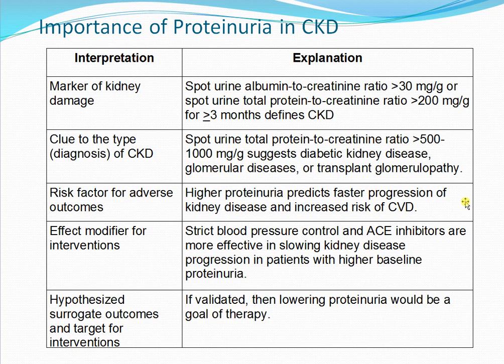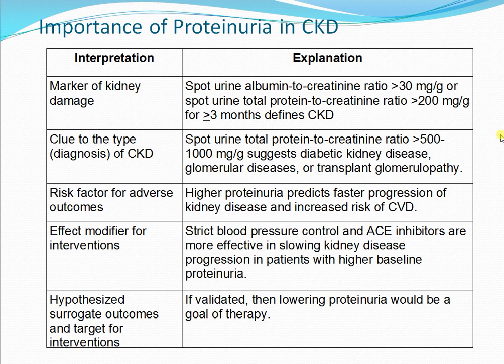Under ideal circumstances, you should know the total protein excretion over 24 hours of urine collection. But it's so cumbersome that you cannot do a urine protein creatinine ratio on every single patient. So in such cases, we tend to calculate the albumin to creatinine ratio: less than 30 is normal, 30 to 300 is microalbuminuria, and anything above 300 is considered proteinuria.